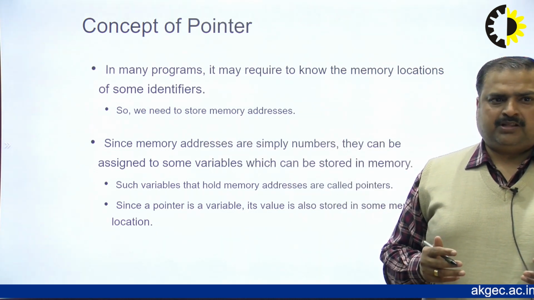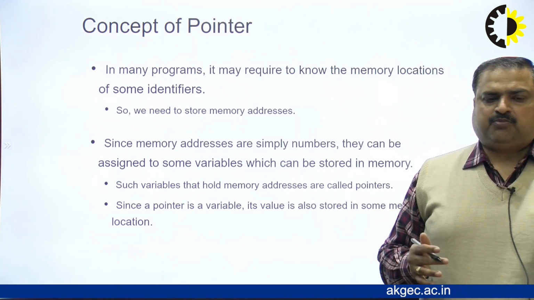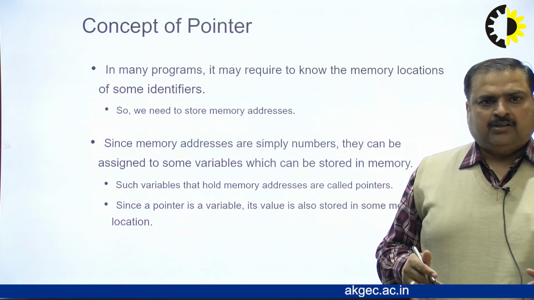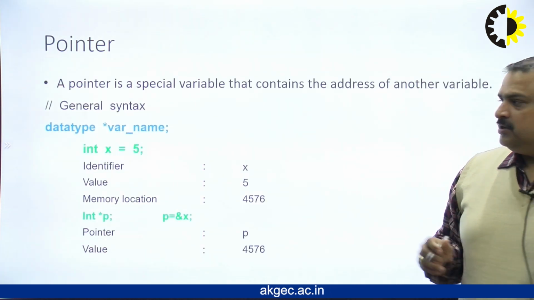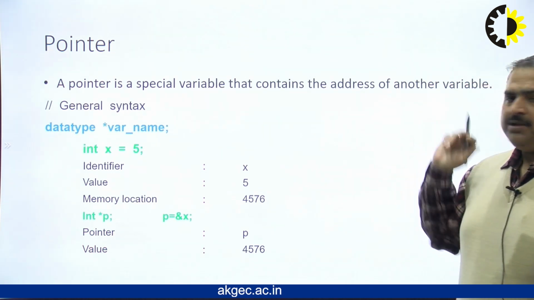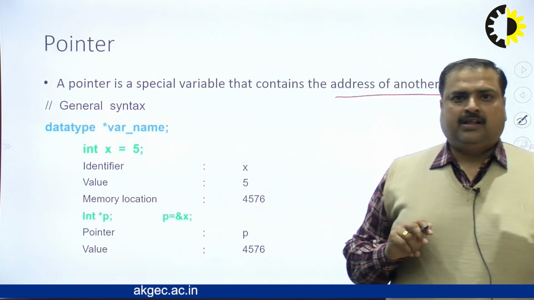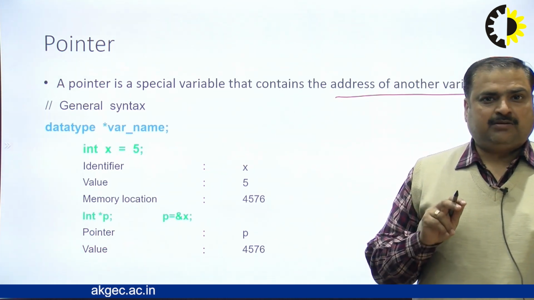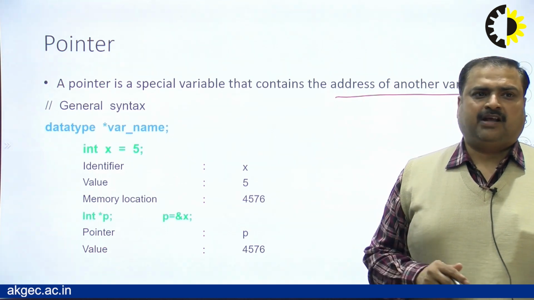So, such variables that hold memory addresses are called pointers, and these pointers are themselves variables. So, they are also stored somewhere in the memory. A pointer is a special variable that contains the address of another variable. That means they do not have the value directly, rather they have the memory address of another variable.